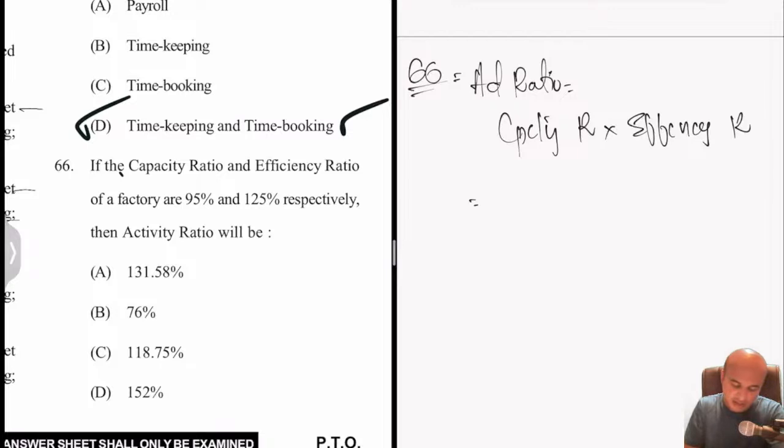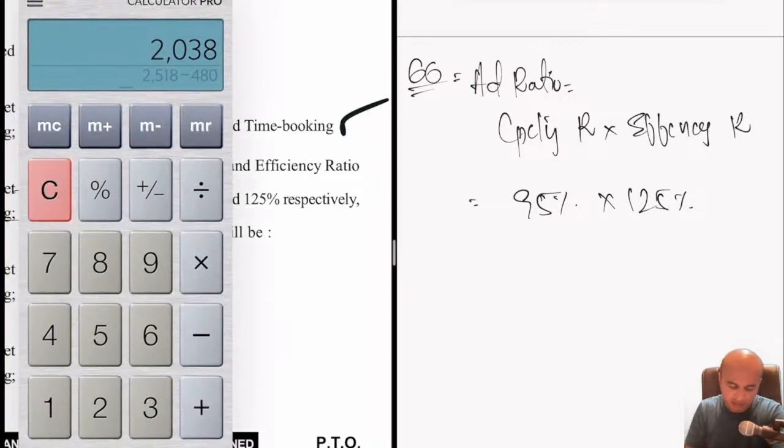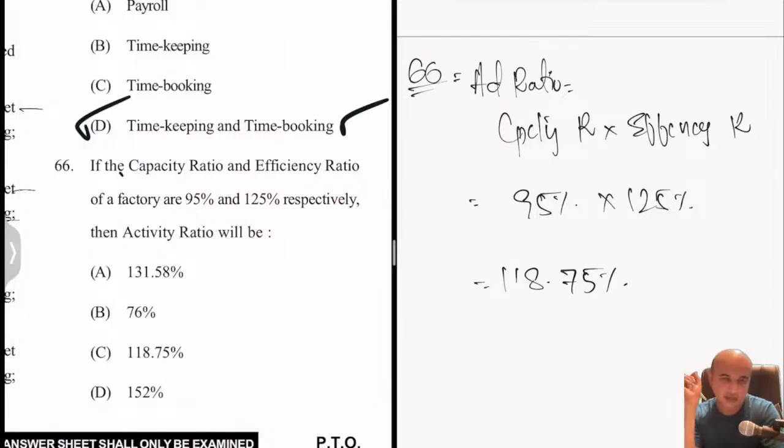For example, capacity ratio is 95% and efficiency ratio is 125%. That's all. Multiply one by another, you will get the answer. 95 into 125%, so you will get 118.75% as the answer, which is the activity ratio of this company.